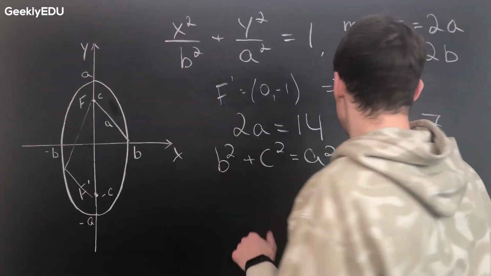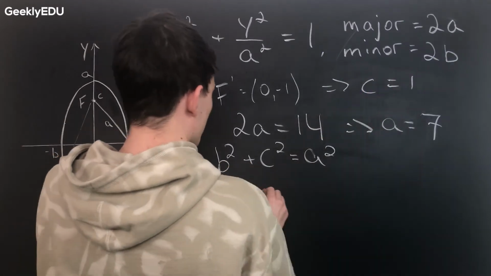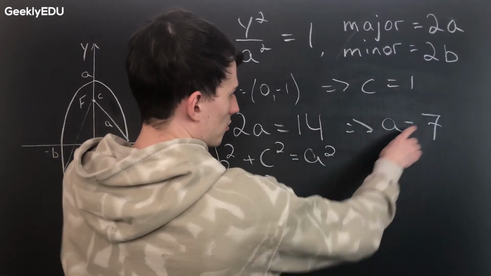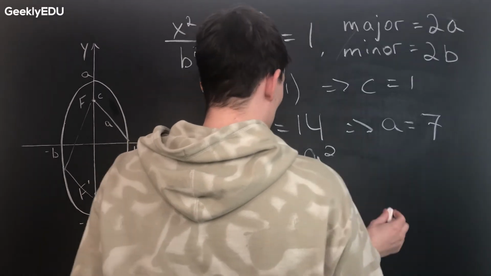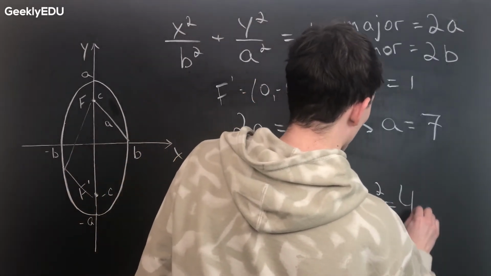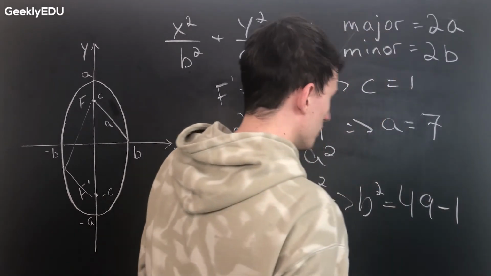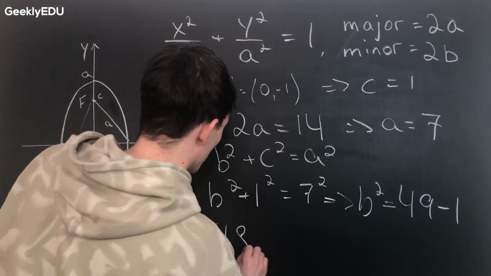So let's plug that in. We have b squared plus 1 squared equals 7 squared. Or if we rearrange this, we have b squared equals 49 minus 1, or b squared equals 48.